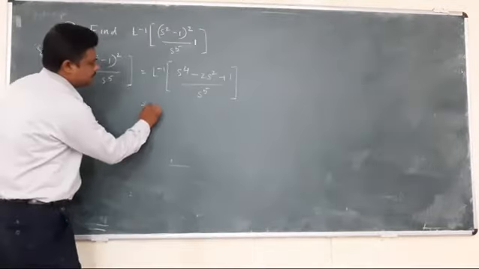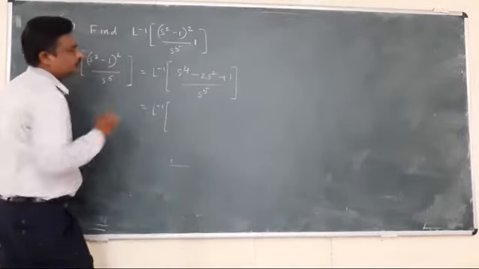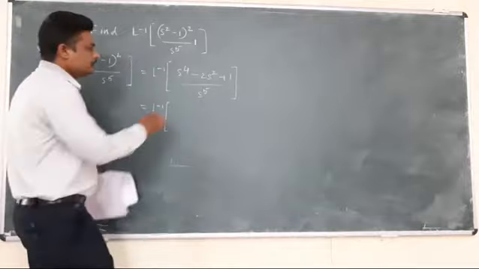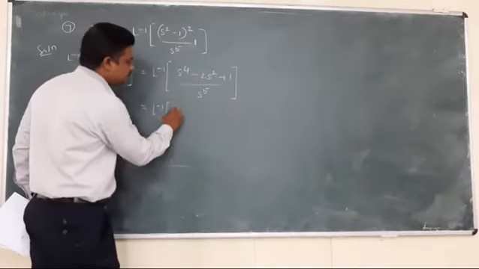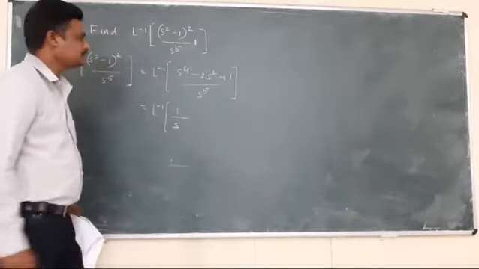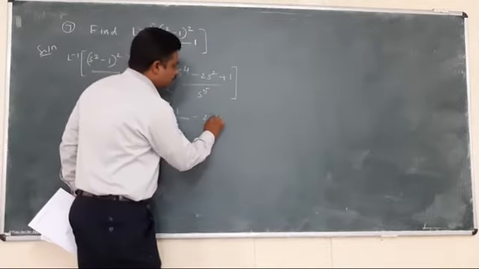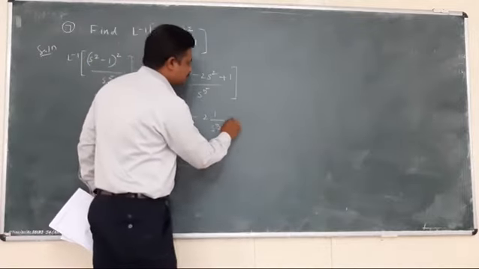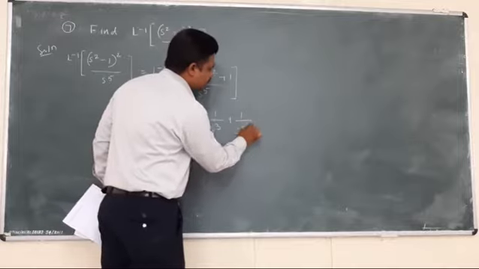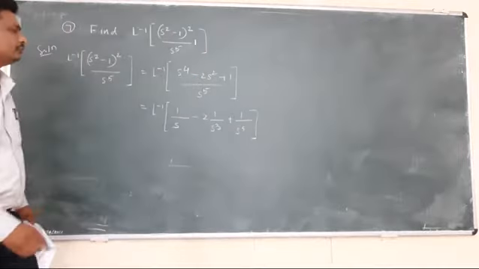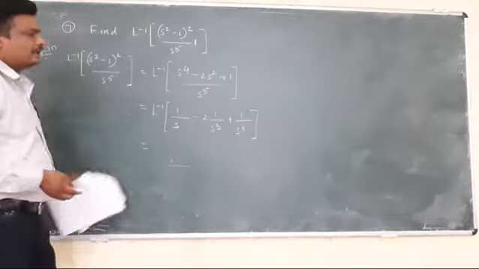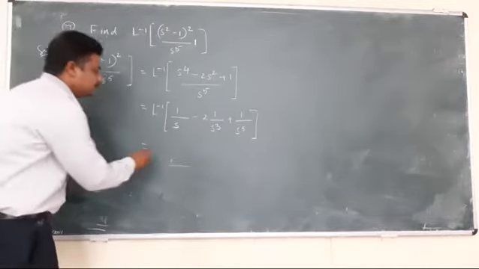Now let's split this one. s to 4 upon s to 5 is 1 upon s, minus 2 into 1 upon s cube, plus 1 upon s to 5. Now I will apply inverse Laplace to all the terms separately.